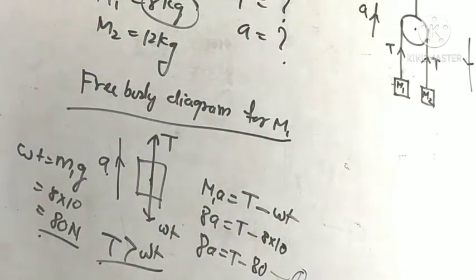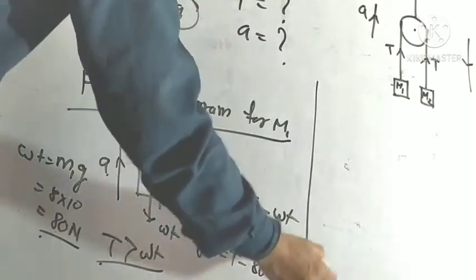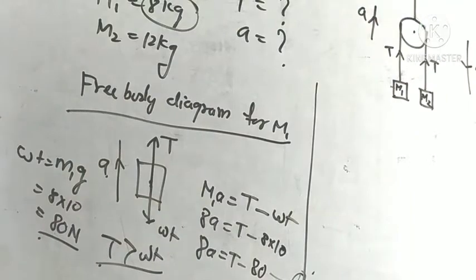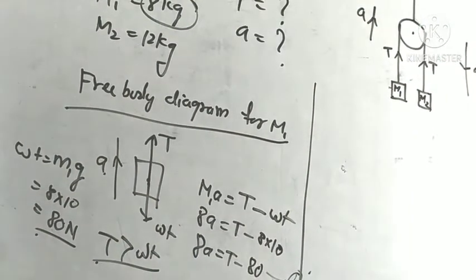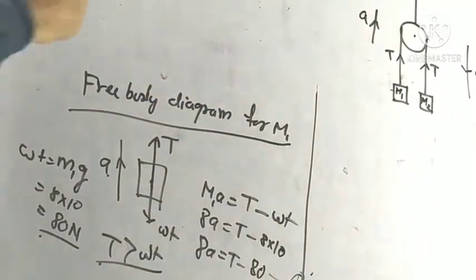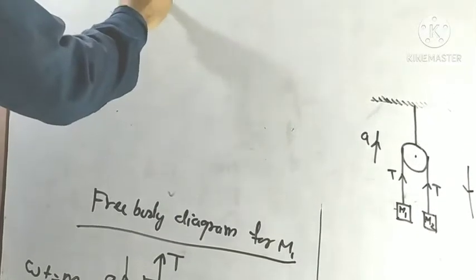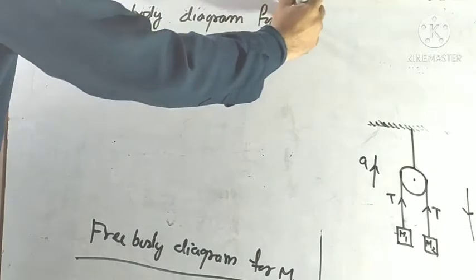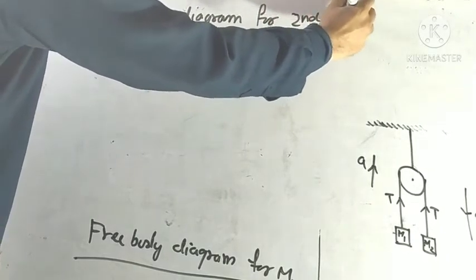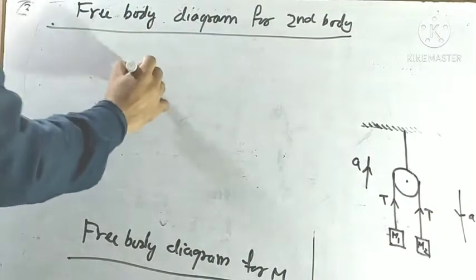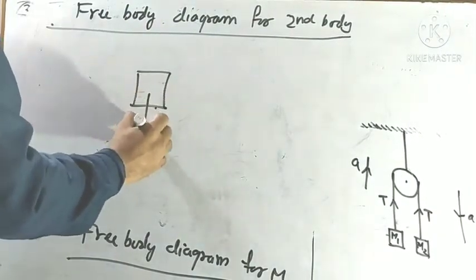And now we discuss the free body diagram of the second body having mass m2. How many forces are working on this body?